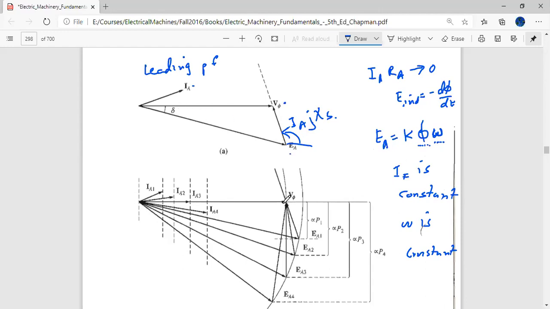As I increase the load, the angle between V phase and EA will change. Initially the torque angle is lower, then it increases, then increases more, and then more. So because of the increase in load, the torque angle increases, and the angle between V phase and EA is increasing for each of the cases as the load is increased.